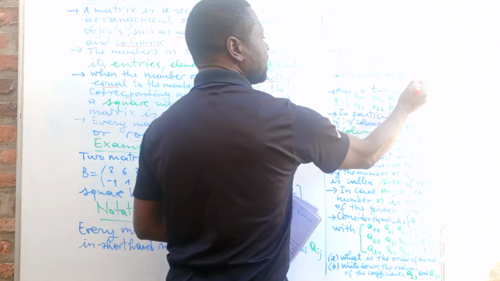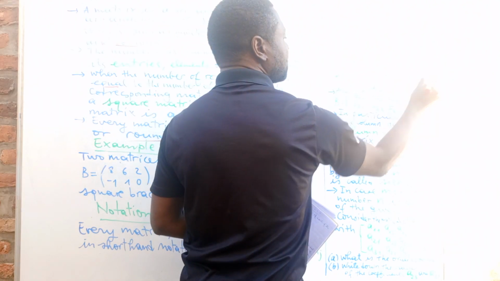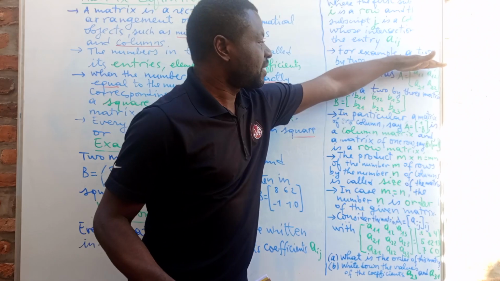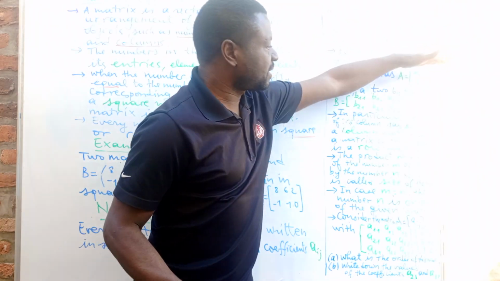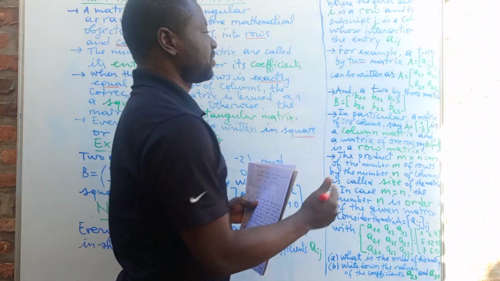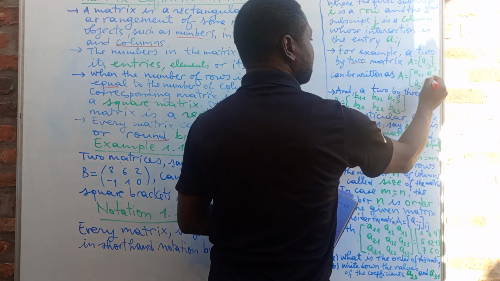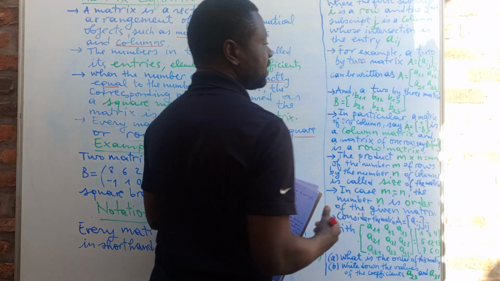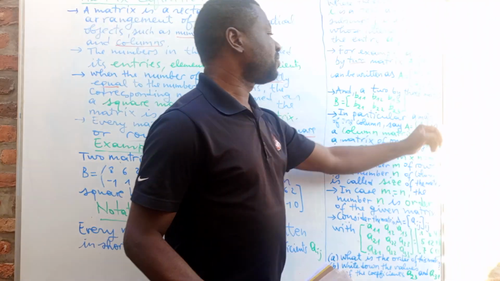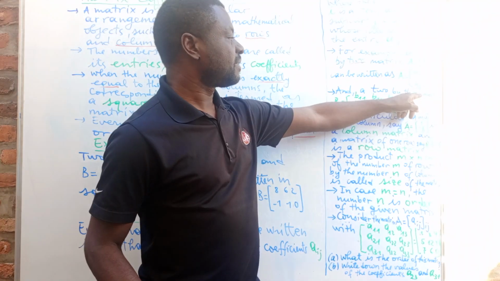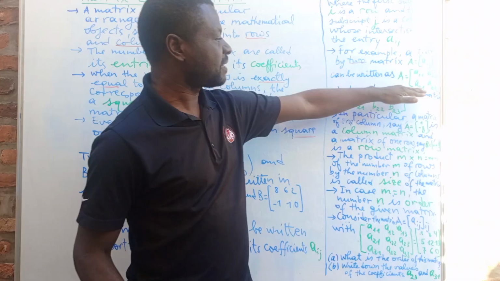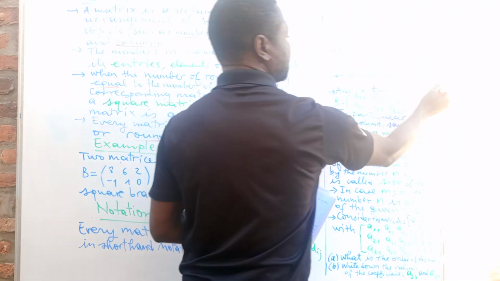The first number indicates the row: these two coefficients are in the first row, and a21, a22 are in the second row.